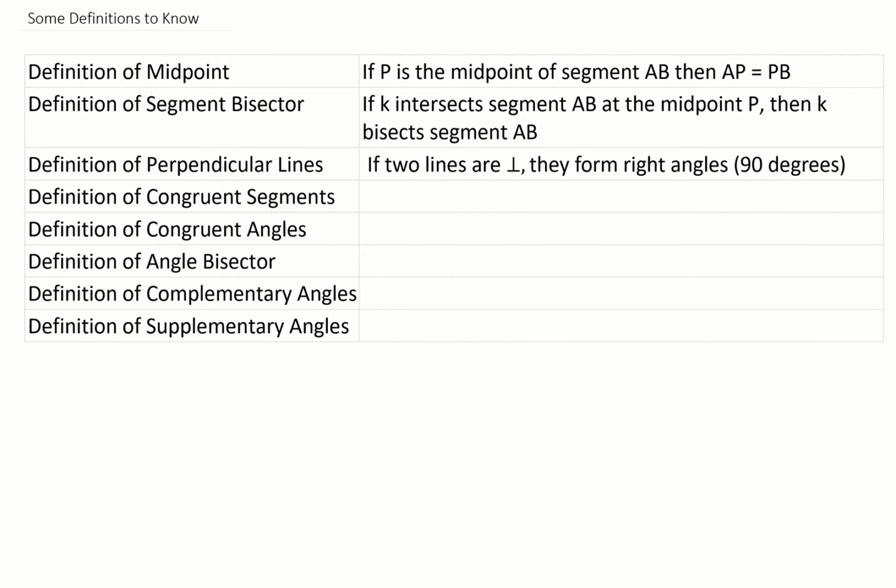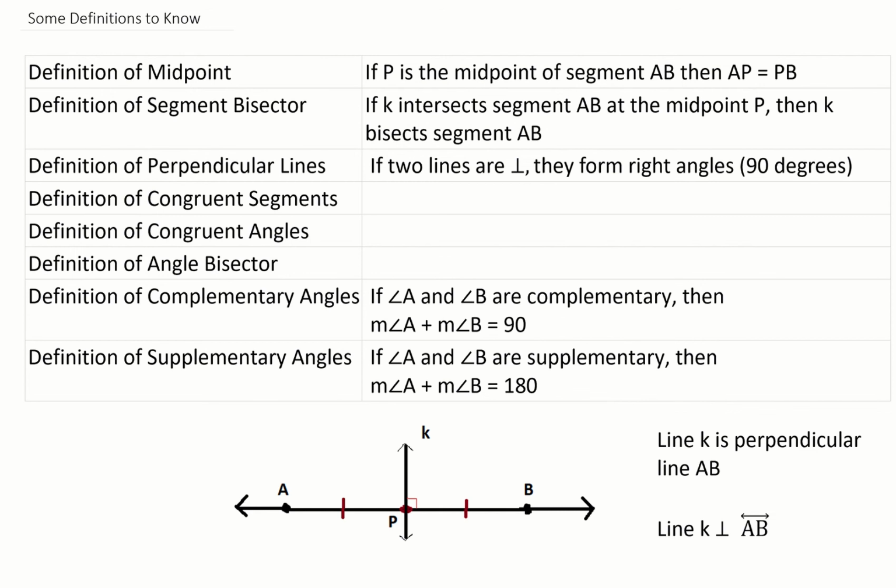All right, so perpendicular lines, remember, are lines that intersect at a 90-degree angle. So the definition of perpendicular lines: if two lines are perpendicular, they have to form right angles. So in this example, if you look down here with the intersecting lines, these two intersect and they form right angles. And so they're perpendicular.